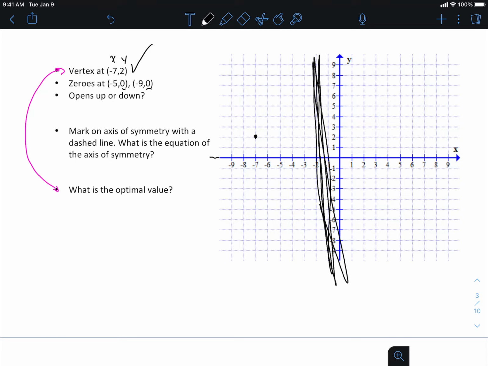Here, I'll plot them in red. And the other one's at -9, 0. All right, what do we do now? Is it opening up or down? Well, let's connect the dots and see what happens.